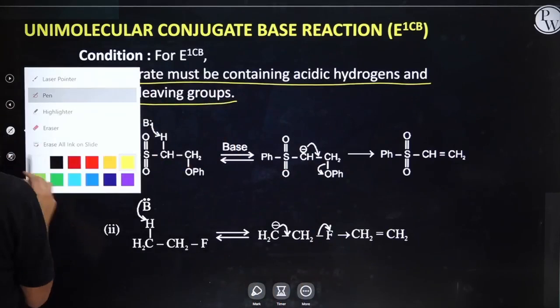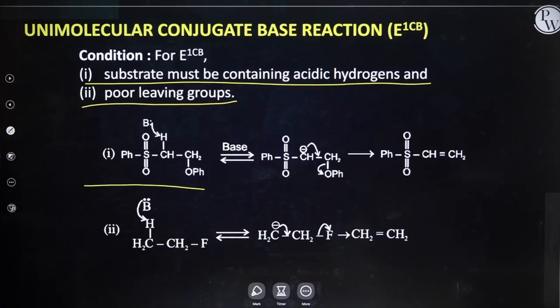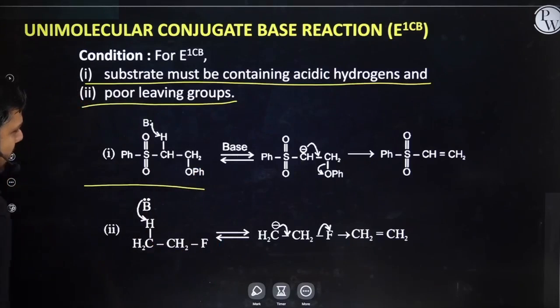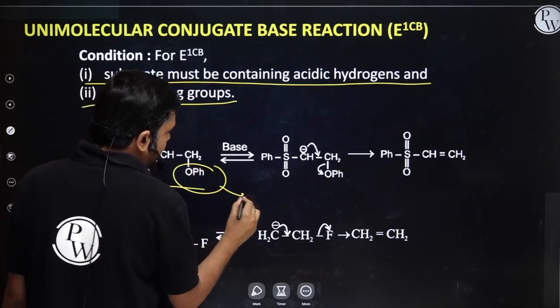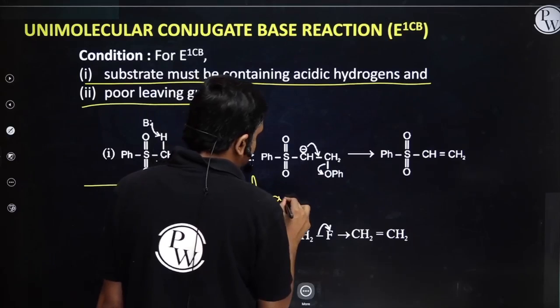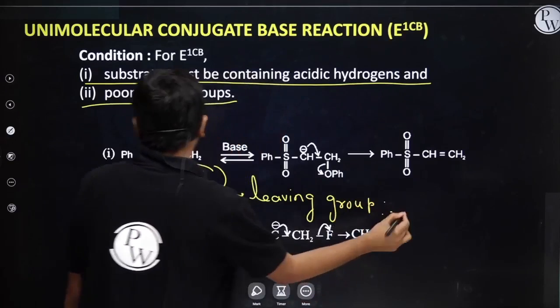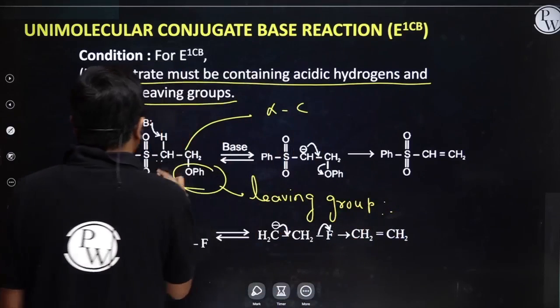We can see in this particular example, I am having Ph, S double bond O, S double bond O, CH2, OPh, right? Okay, student, this one is my leaving group. This particular carbon is my alpha carbon, so this is my beta carbon.